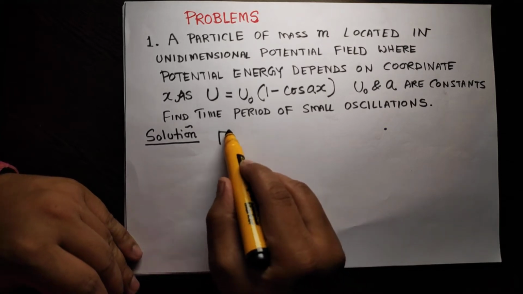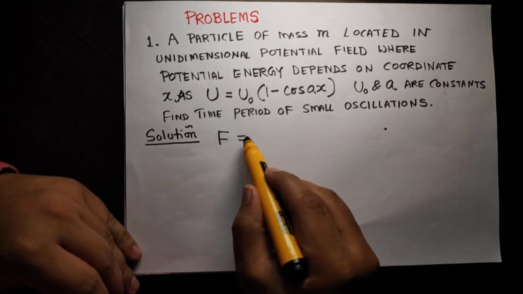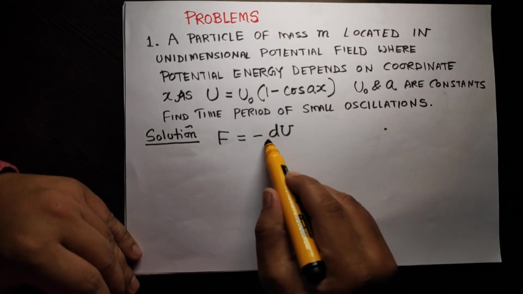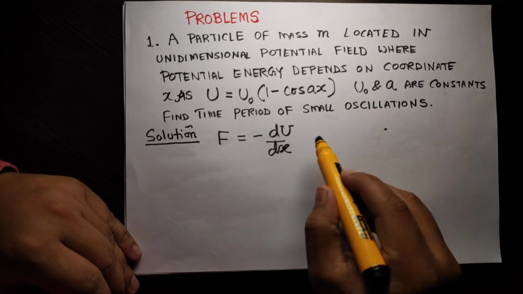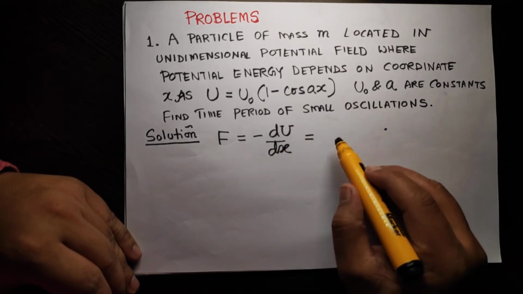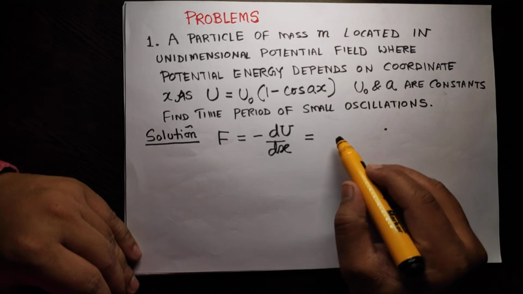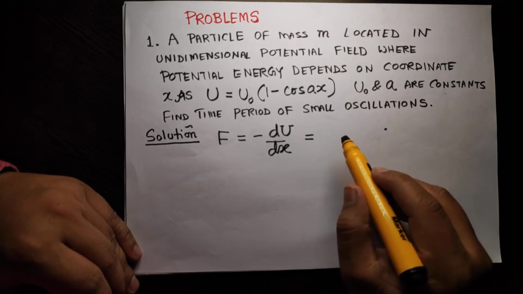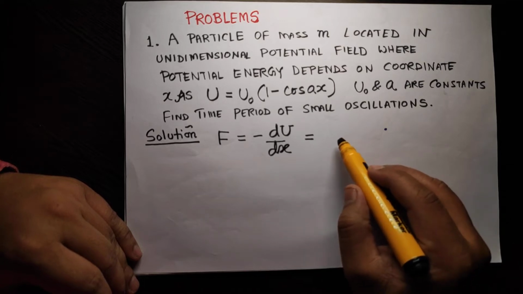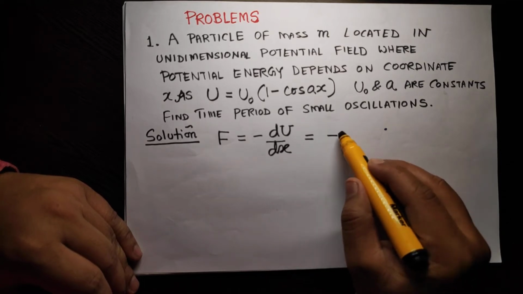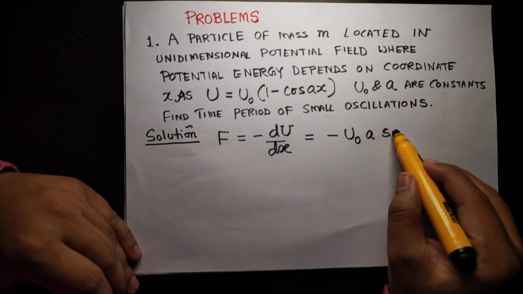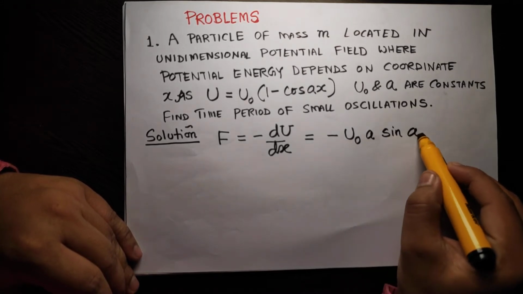You know the relation between force and potential energy is F equal to minus dU by dx. That means if you differentiate this expression, we get minus U naught a sine of ax.